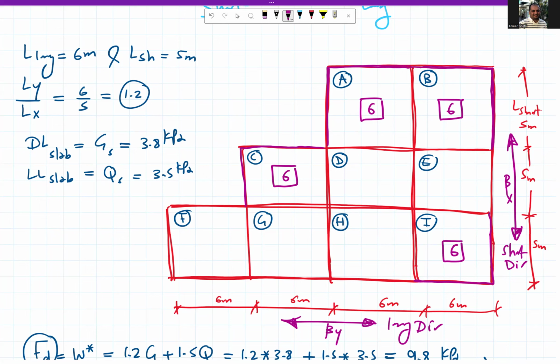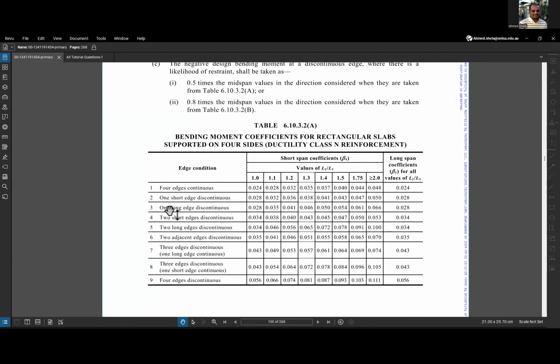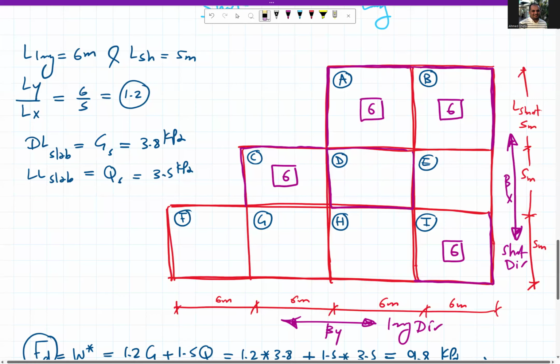If we look at D, D has 4 edges continuous. So if we go to the table again, 4 edges continuous is condition 1, because all the 4 edges are continuous. So D is continuous from 4 sides, so it is number 1.